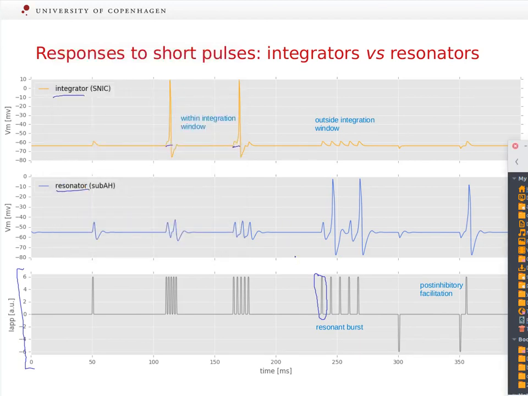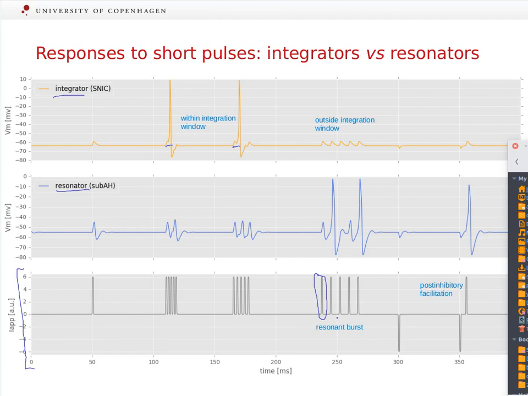Now let's see how a resonator, or neuron near subcritical Andronov-Hopf bifurcation, behaves within the same stimulation protocol. We can see that the response to a single subthreshold pulse is actually oscillatory. Short-spaced batches of stimulation pulses don't lead to action potentials because they're outside the resonance window of this neuron.